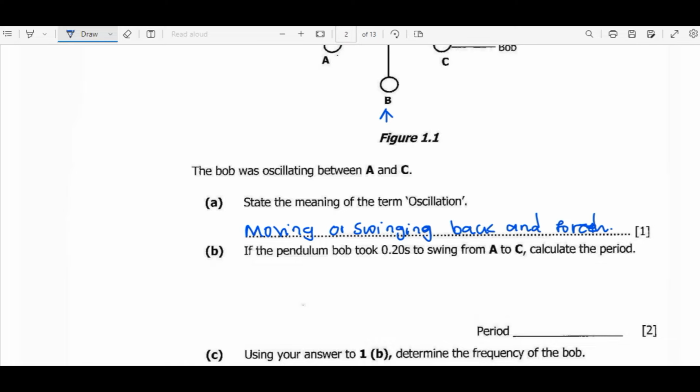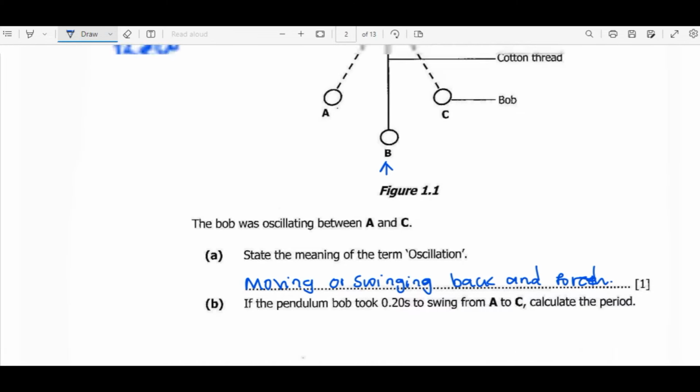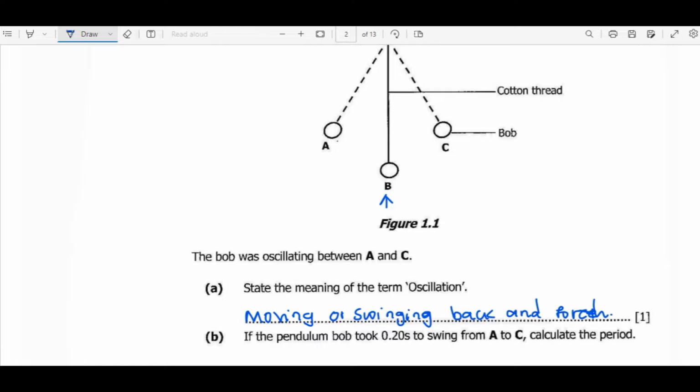Under question B, if the pendulum bob took 0.20 seconds to swing from point A to C, calculate the period. So the concept is, if we move from point A up to C, then what is the value of n, which is the number of oscillations? The number of oscillations is 1/4 plus another 1/4, because from A to B is 1/4, B to C is 1/4.